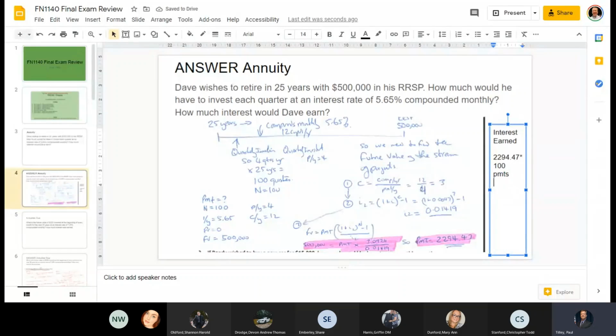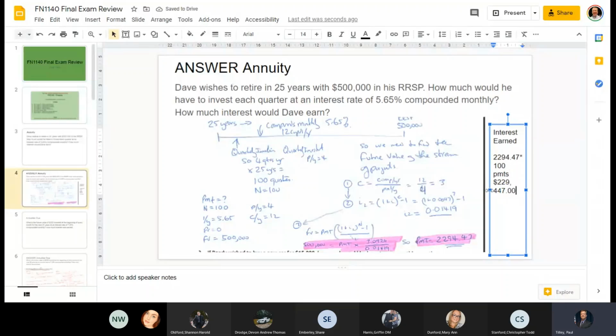So $2,294.47 is the amount of money he paid. He made 100 payments. So if we multiply that, that will come up to $229,447.